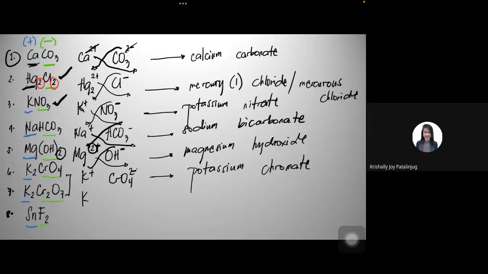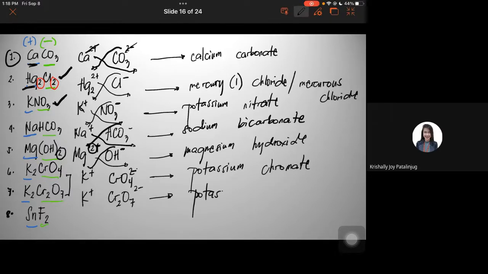And then for number 7, Cr2O7 2 negative, that's dichromate. So this is potassium dichromate.